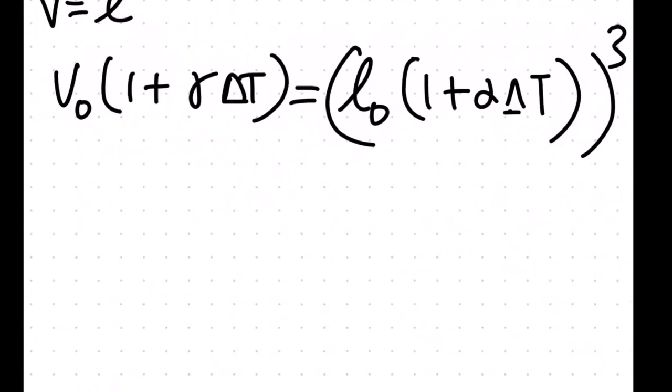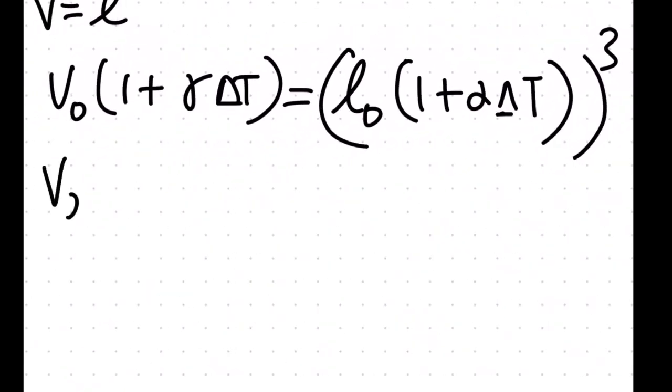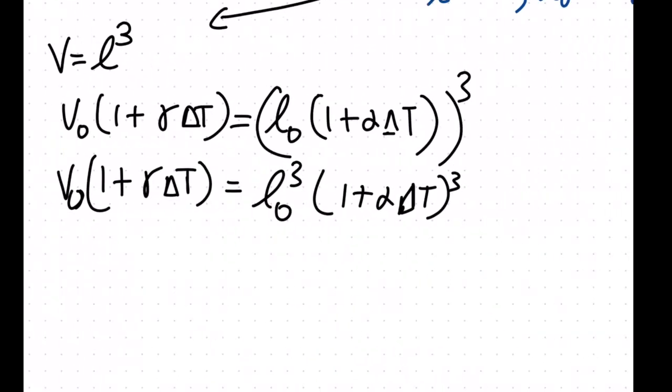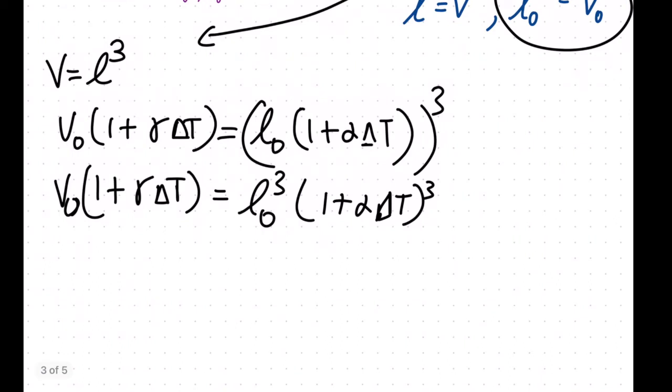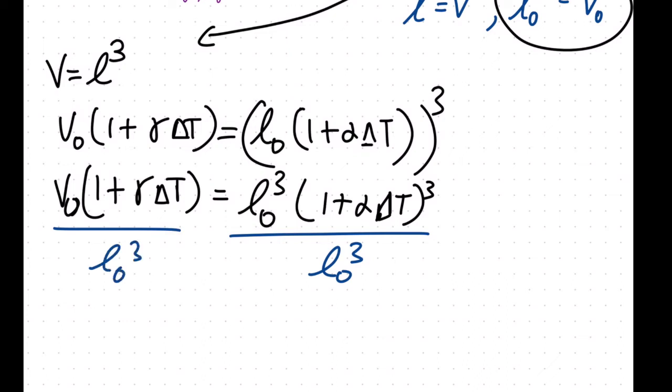So we're going to be left with V0 times (1 plus gamma delta T). Now that we have the simplification, we can refer back to this particular identity and divide both sides by L0 cubed. Since we know this term and this term are equal, we can use this to cancel these out, and we're left with the simple equation.